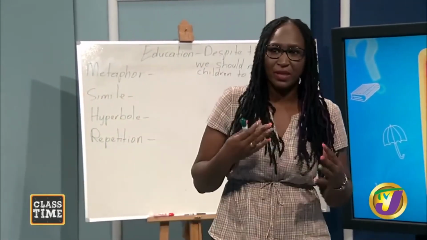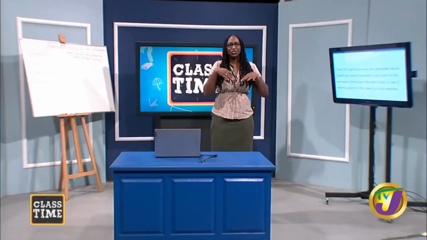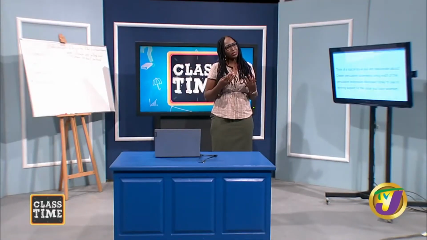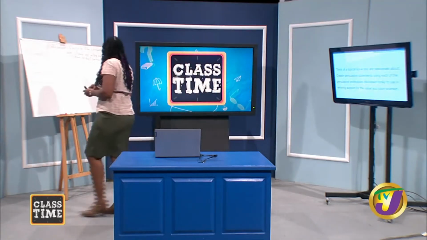Now, think about that. Work with me now. What is a metaphor that I can use to bring across that point? Despite the circumstances, we should not allow our children to fall behind.